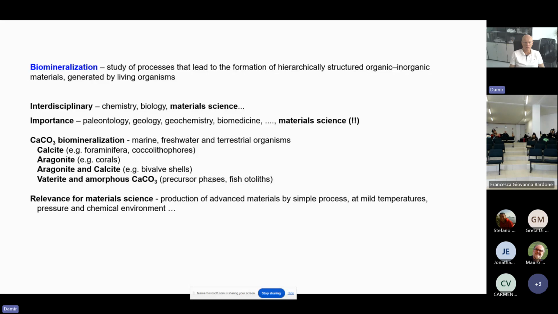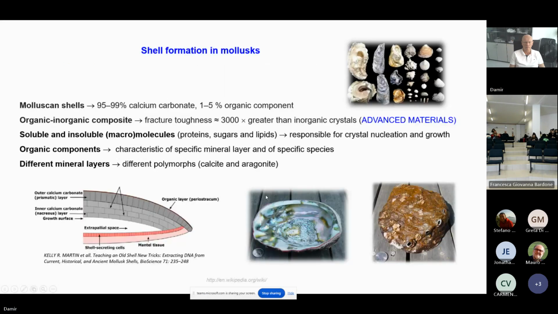Why do I emphasize material science? Because production of materials by simple processes like biomineralization, at mild temperature, pressure, and chemical environment, is a holy grail for material science. Mollusk shells produce a composite with 95 up to 99% of calcium carbonate and just a small amount of organic component.